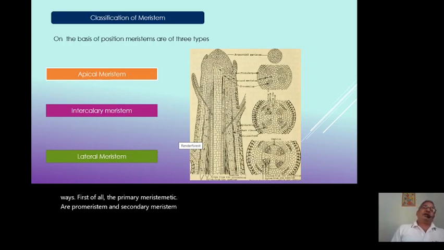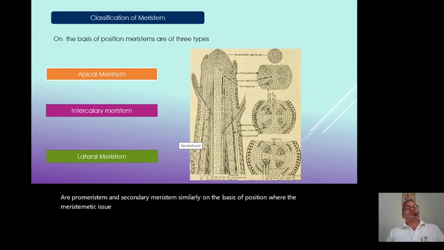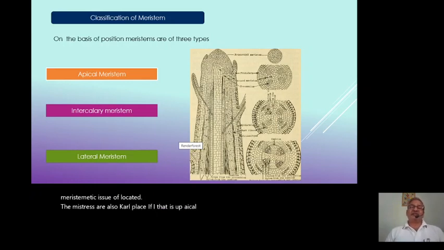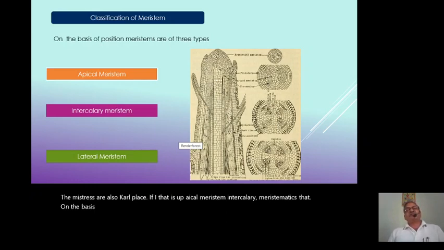Similarly, on the basis of position where the meristematic tissues are located, meristems are also classified: apical meristem, intercalary meristem and lateral meristem. On the basis of position, the meristematic tissues are of three types. One is apical meristem, the second is intercalary meristem, and the third is lateral meristem.